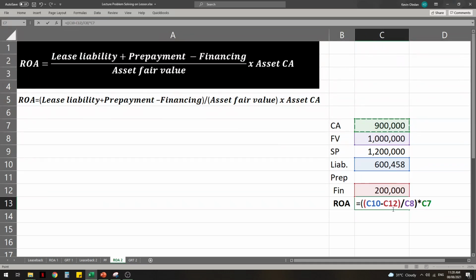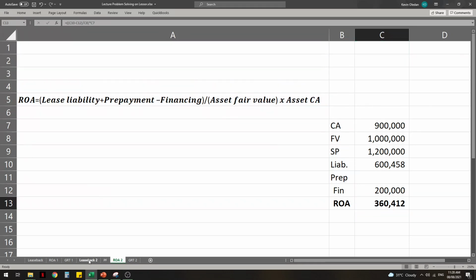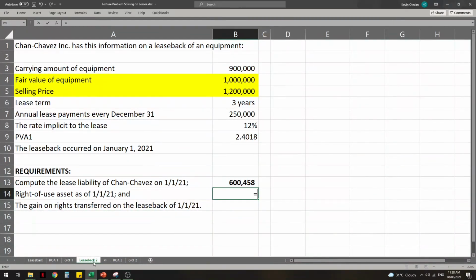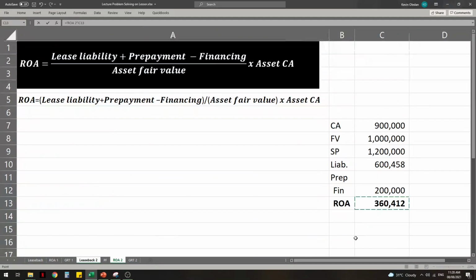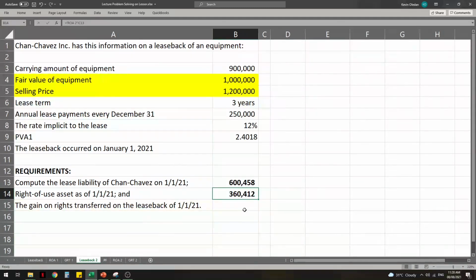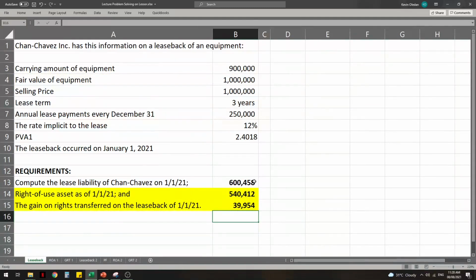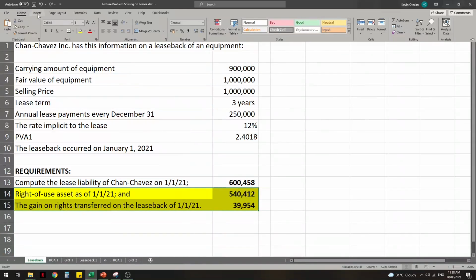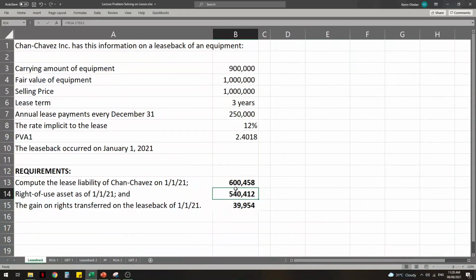But because of that, this will also influence the amount that you can recognize as your right of use asset. Observe here, guys, our ROA is now equal to 360,412. When there is financing, it actually results to our ROA being lower than when financing did not exist. Okay, kung walang financing, ito yung right of use asset natin.